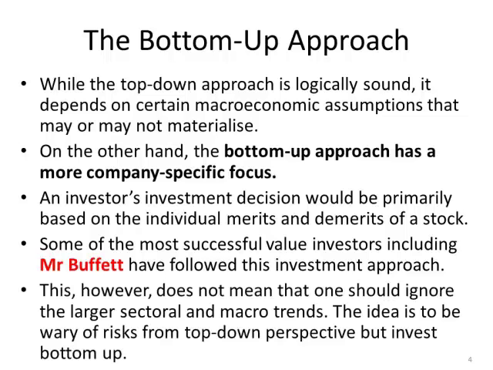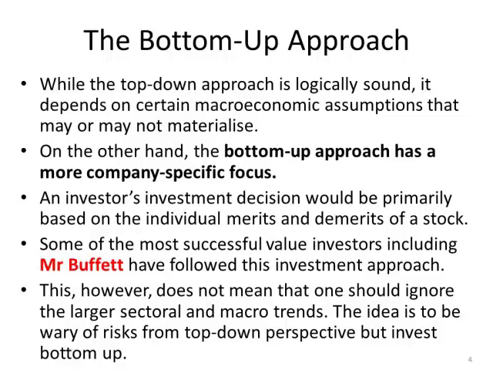Even though we do this bottom-up approach, it does not mean we should ignore larger sectoral and macro trends. The fact is that macro trends do matter, and sectoral trends do matter. They are going to impact the stock price. So we are still going to be aware of what's going on at the macro level, and aware of the risks there, but we're going to invest from the bottom up, which means we find companies by looking at the individual merits and demerits of a company, while only being aware of the big picture risks.